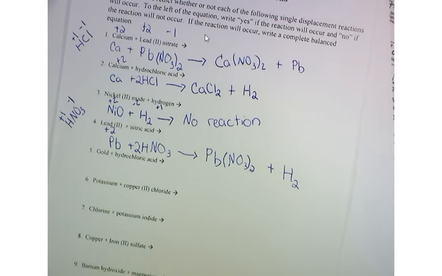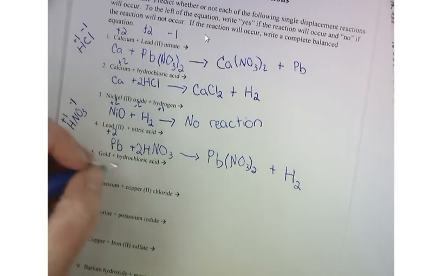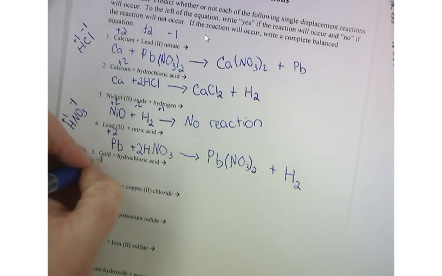So let's go ahead and do the last one of our first video, and that is gold plus hydrochloric acid. Now this particular worksheet does not specify which gold to use. Golds can be a 1 or a 2. So regardless of which one you did it as would be fine. I'm just going to go ahead and call this a plus 1.